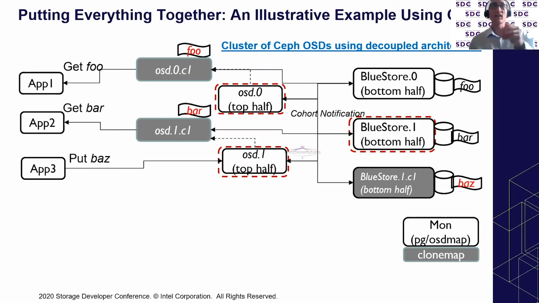And when a new object put arrives, this OSD can choose not just the original, but it can choose to go to the clone that it just spawned off. And it decides where to go using the Bloom filter approach that we described earlier. By doing that, it can reduce the pressure on the original bottom half.